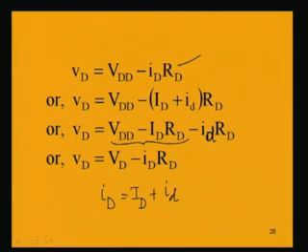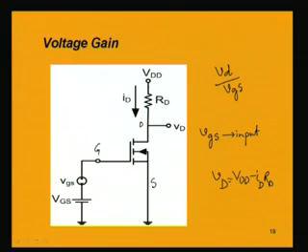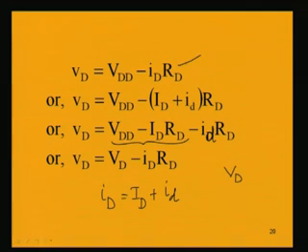This term is nothing but capital V capital D, because if we consider the DC quantity only, the drop V DD minus capital I D into R d will be giving you the DC drop. So, that is denoted by capital V capital D minus small i d R d.